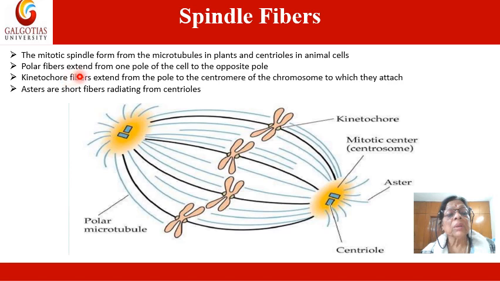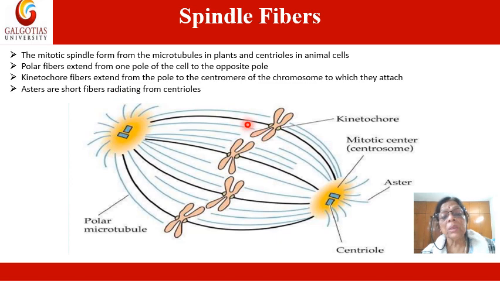Polar fibers extend from one pole of the cell to the opposite. These are the polar fibers. They don't attach. Polar fibers, those astral fibers which are not attaching to the chromatids or chromosomes, are known as polar microtubules, and kinetochore fibers are those astral fibers which attach to the chromatids.